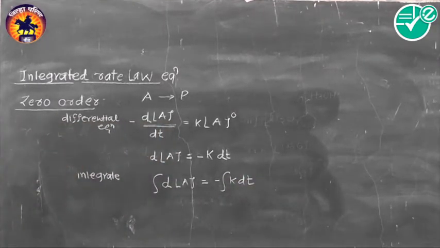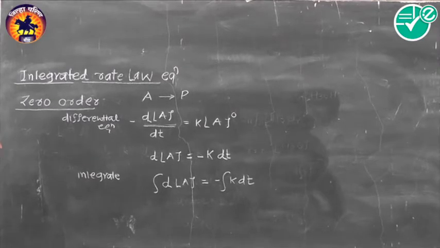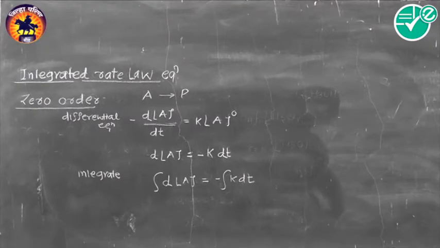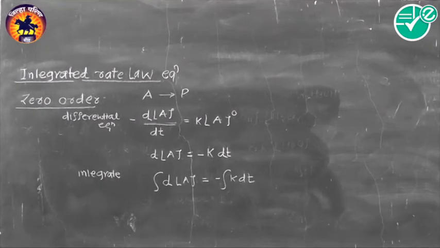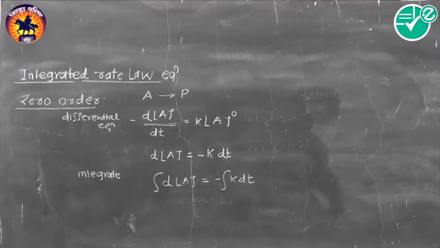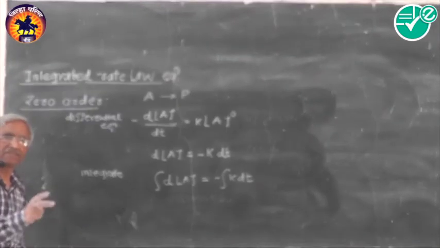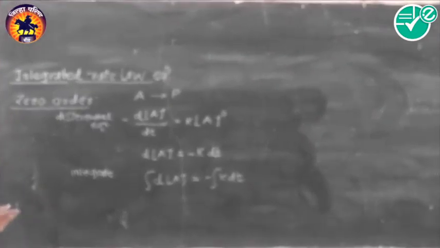But k is the constant, and when we are performing this integrated equation, we will perform it within the limits. Here limits means the time during which we want to study the change in concentration of the reactant, or how much of the reactant has been left behind, how much has reacted, all that.